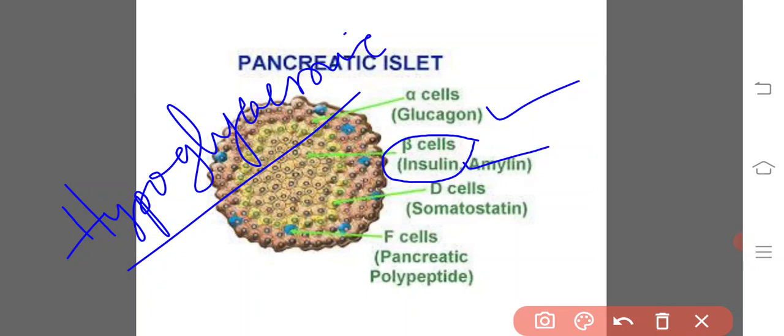Blood glucose levels play a major role in the regulation of insulin secretion. Whenever there are elevated levels of blood glucose, that stimulates the beta cells to produce insulin, and low levels of blood glucose inhibit the secretion of insulin.